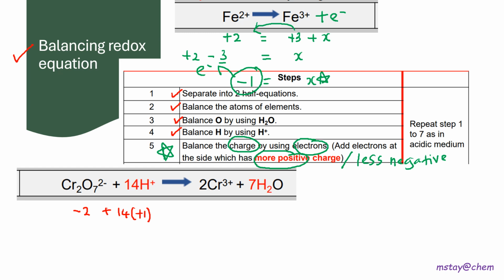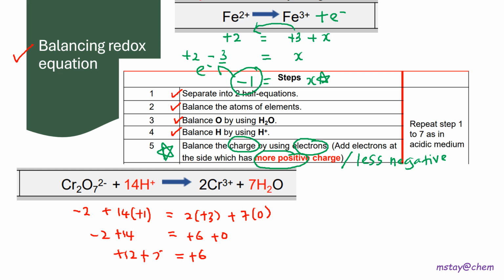So we can write it equal to 2 times positive 3 plus 7 times 0. So negative 2 plus 14 equal to 6 plus 0. So positive 12, and this is positive 6. In between positive 12 and positive 6, positive 12 is more positive.